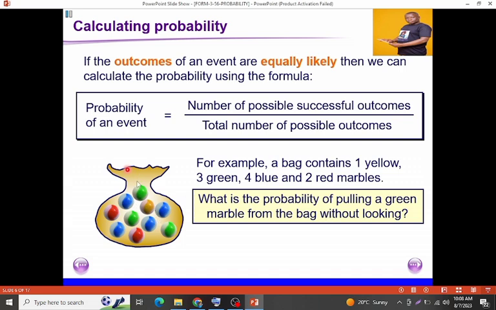Suppose you dip your hand in there and pull out a marble without looking. Because if you look, you may be influenced by what we call bias. So we don't want you to be biased. Just dip your hand into it and pick a ball. What would be the probability that the ball you got is green?